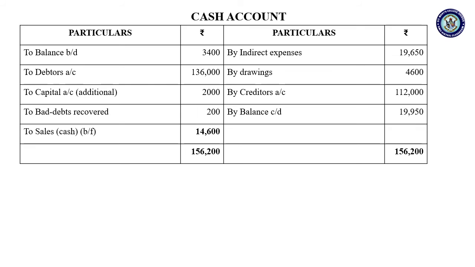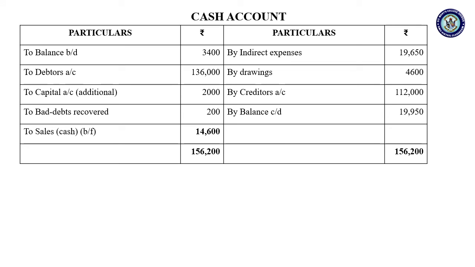Okay, next we'll move on. Now before preparing the debtors account, you have to know why the cost of goods sold and the gross profit percentage are given. See here, in your debtors account you have to record all the transactions that affect it, which means you have to record the credit sale also. Only if the necessary information is provided to calculate the credit sale, in that case only you have to calculate it and record it in the debtors account.